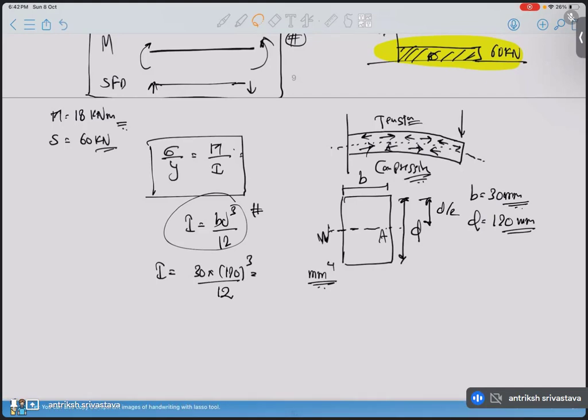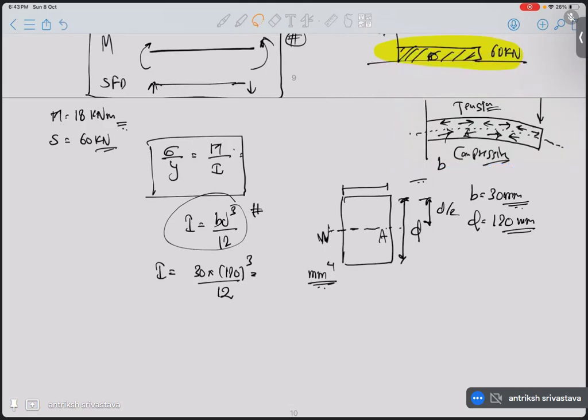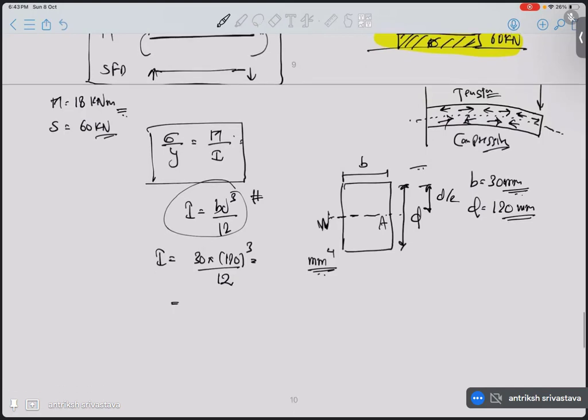Let me rearrange the stuff till then. Okay. So 30 into 12 cube, that is 1728, or 12 squared itself, we can cancel the 12. 144 into 10 power 3.